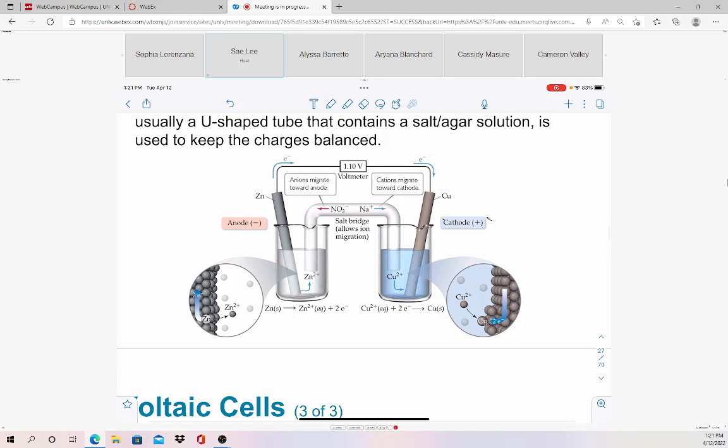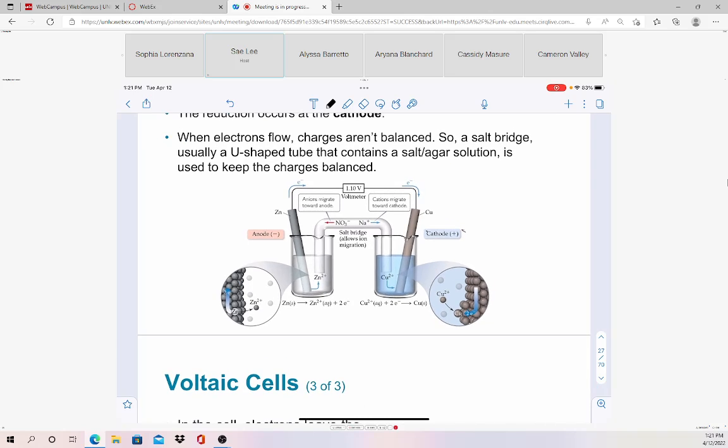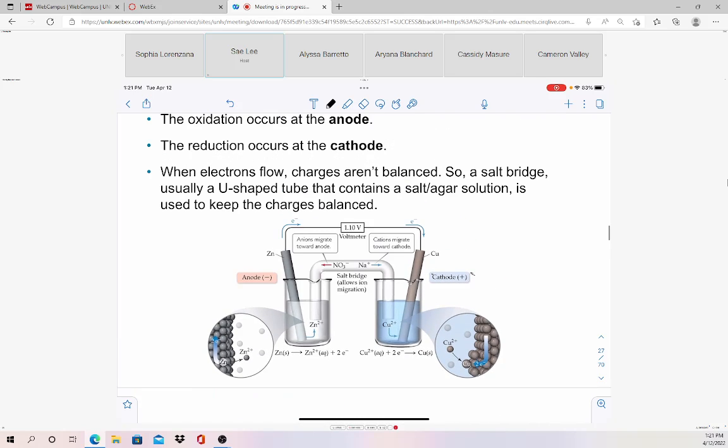The beaker on the left contains zinc sulfate aqueous solution.